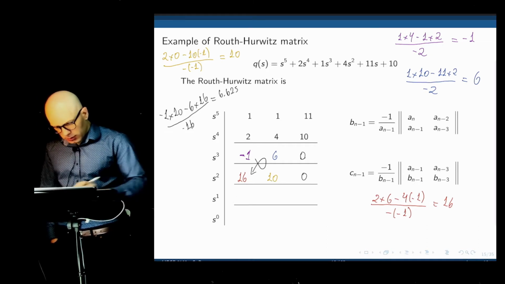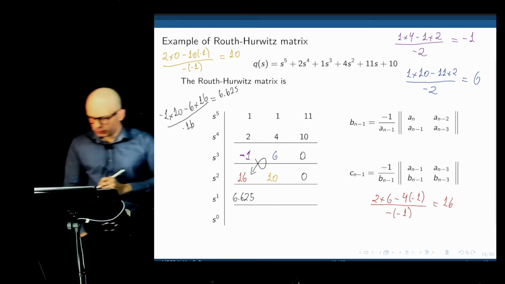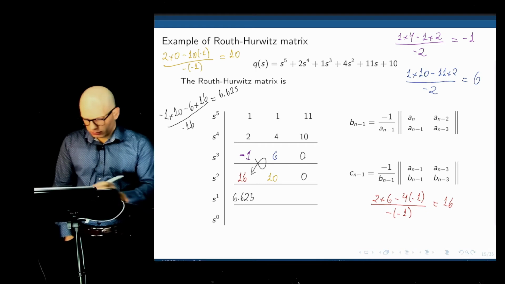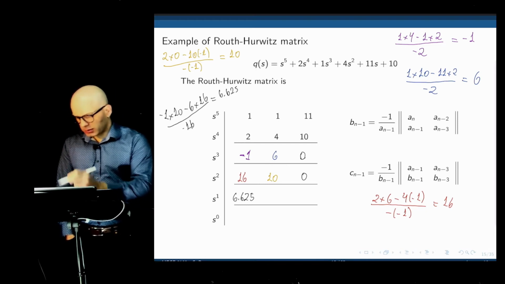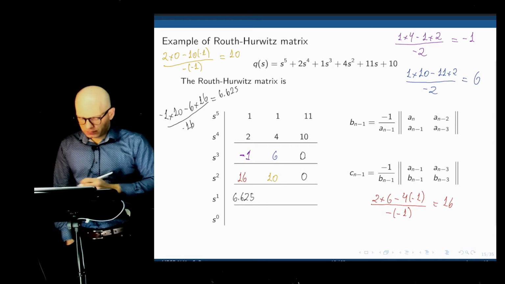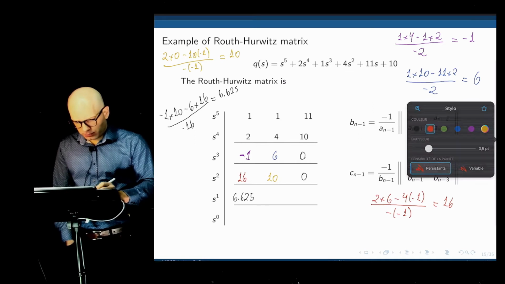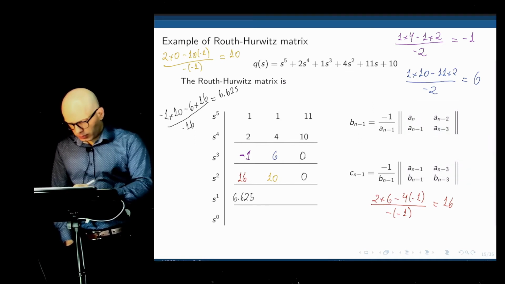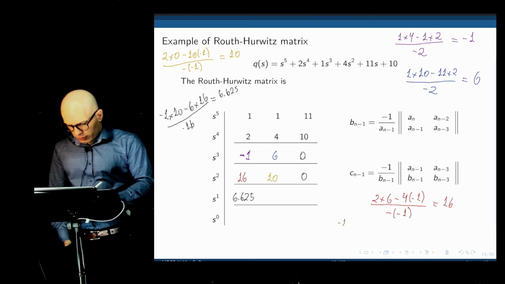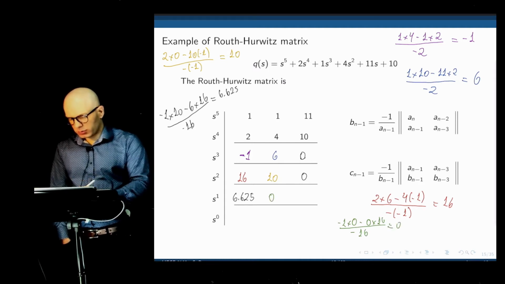So this is 6.625. What is the next element? It's -1 times 0 minus 0 times 16, divided by -16, which is 0. So this is 0. And the next one is also 0.